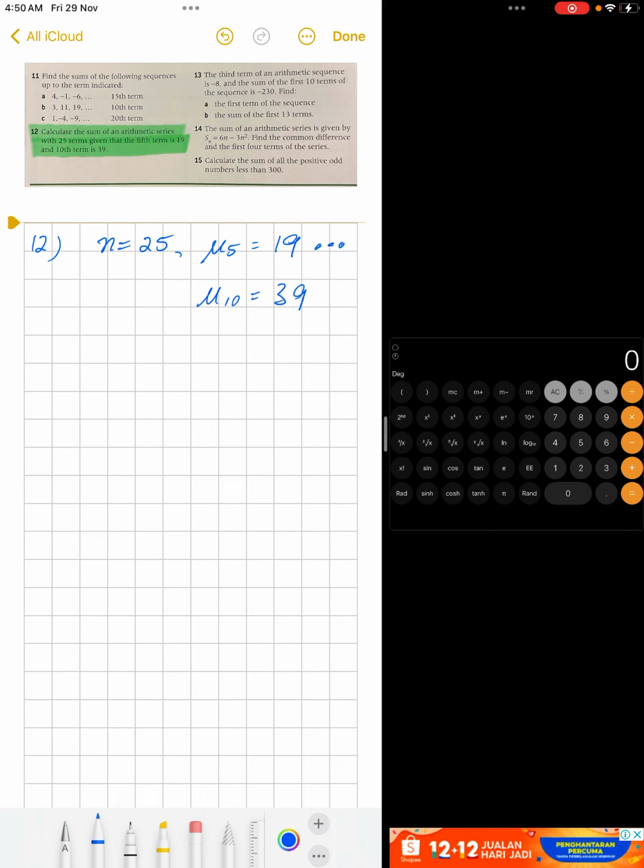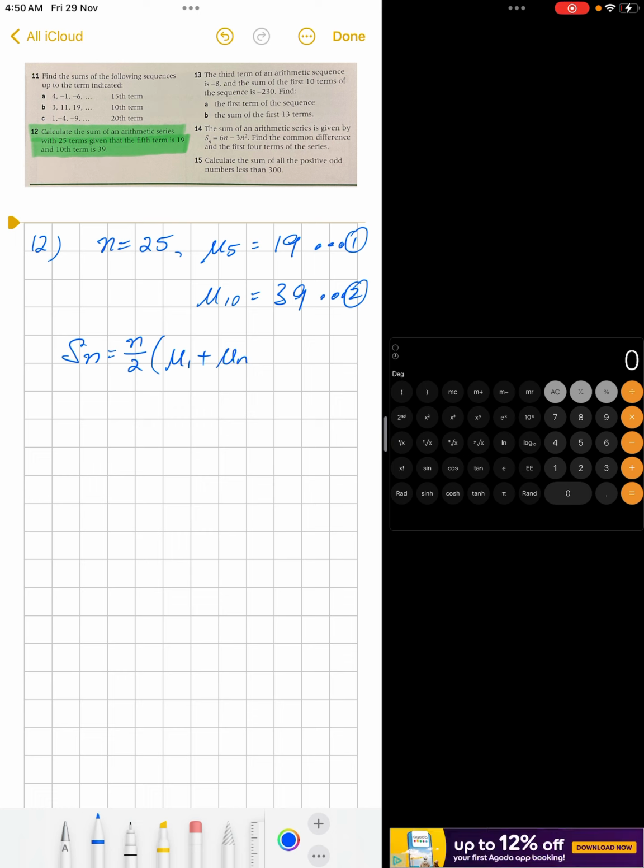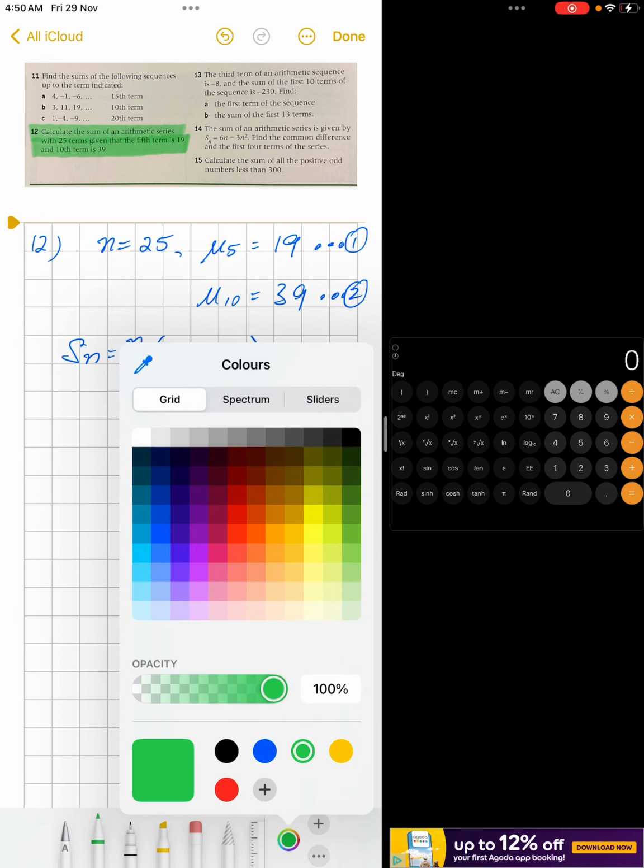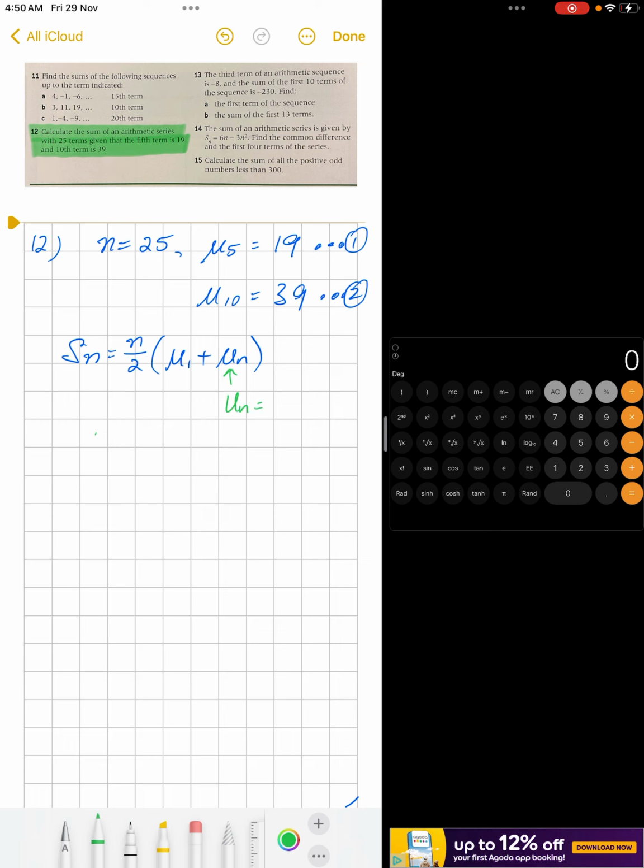Well, we use these two equations to find the first term and the common difference, because we are ultimately going to use either the sum of half the n times the first term and the last term, or, because un, the last term, is the first term and n minus 1 d's, we could then use the formula u1 plus, and instead of un we would have the last term, which is u1 again, n minus 1 times d.